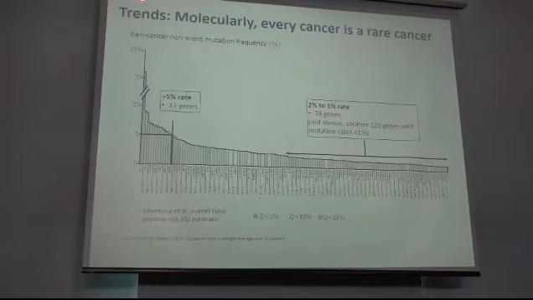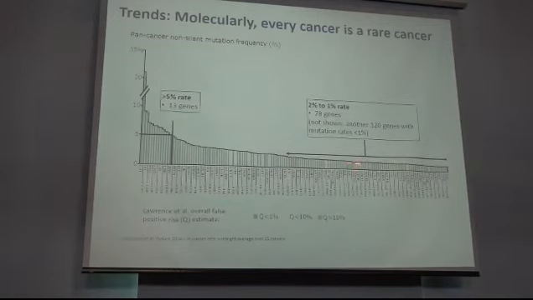Basically what they showed was that molecularly, i.e. the mutations are very, very different. Every cancer is a rare cancer. Only in 13 genes across all those cancers was there a mutation at greater than 5% prevalence, which demonstrates that breast cancer is probably 93 different diseases.